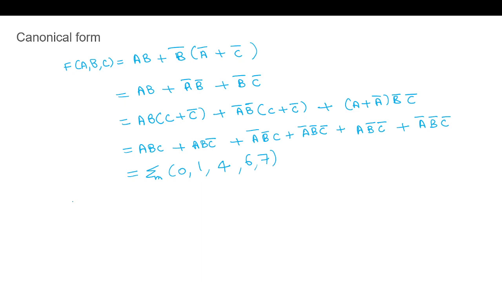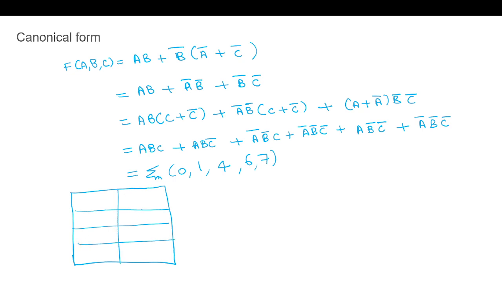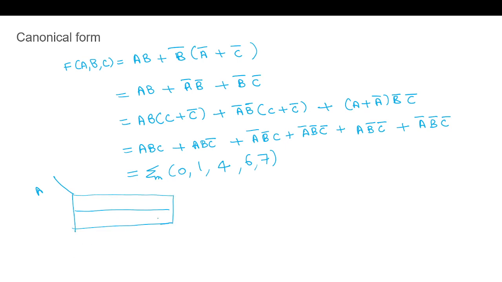In this, if we have a K map, we can easily write this expression. It's a three variable K map with A, B, C and 0, 1. Now it is given AB. So A is 1 in this whole row and B is 1 in these two cells.